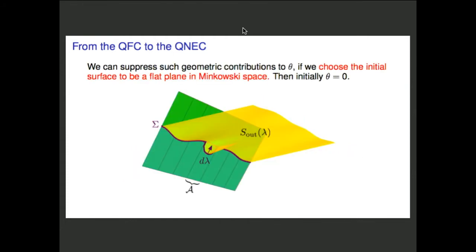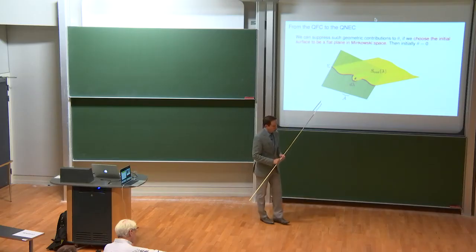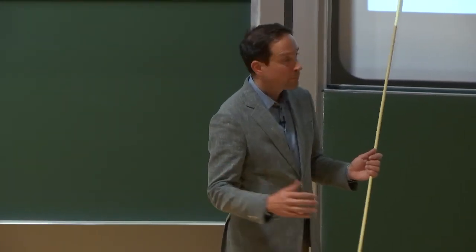There's recently been quite a lot of discussion about what exactly are the settings in which I can consider this type of special case derivation of a consequence of the quantum focusing conjecture. But here I'll focus on the simplest case, which is already, I think, quite interesting and covers a large class of settings that we care about, namely quantum field theory in Minkowski space.